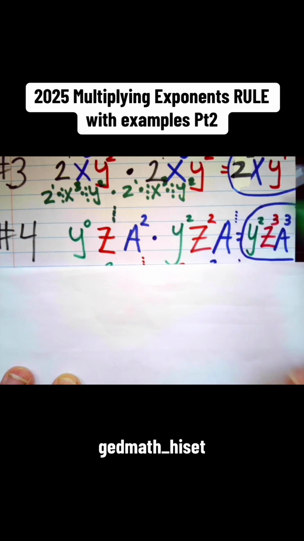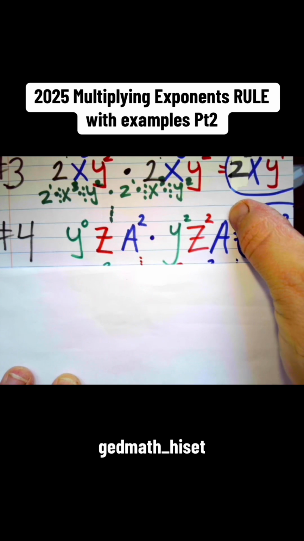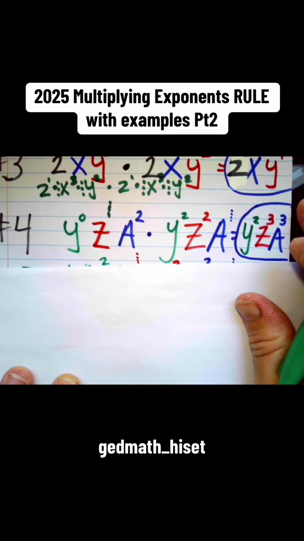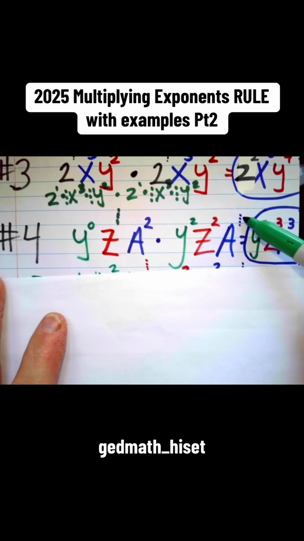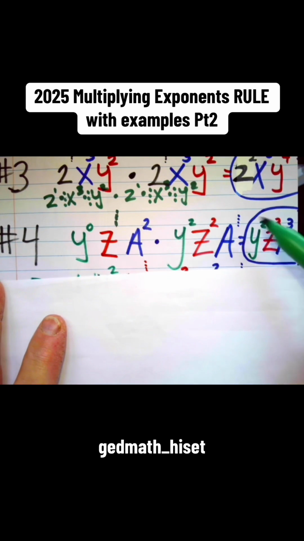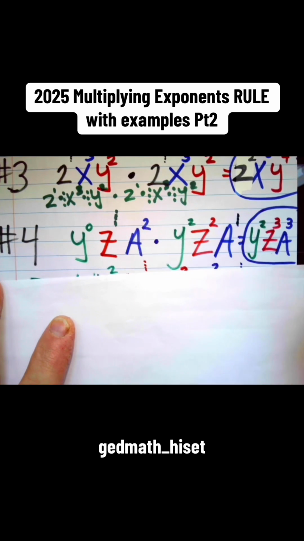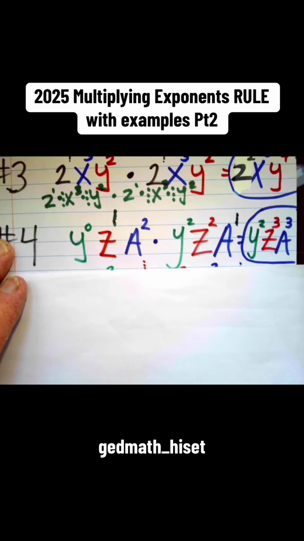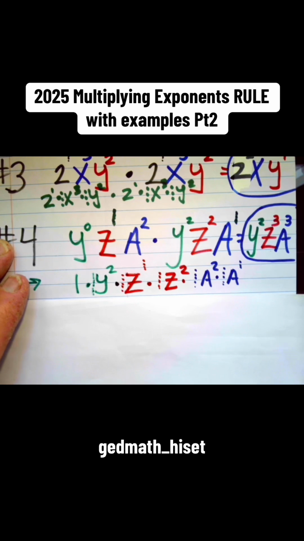Even though they don't show it, and many times in your problems it'll be left alone. Hey, show that invisible 1. You can go dot, dot, dot, or you can just write a 1 to help clarify what you need to do. So remember, when we multiply, we add the exponents. We add the exponents.